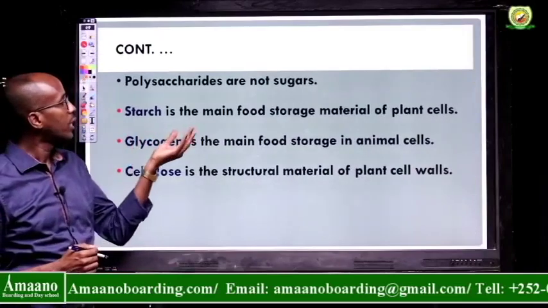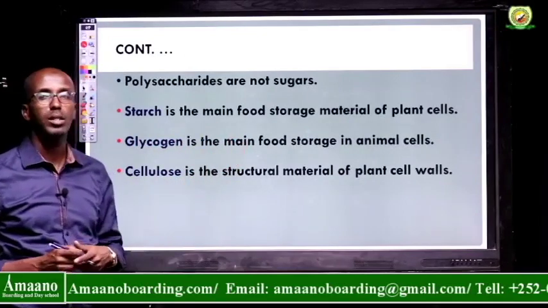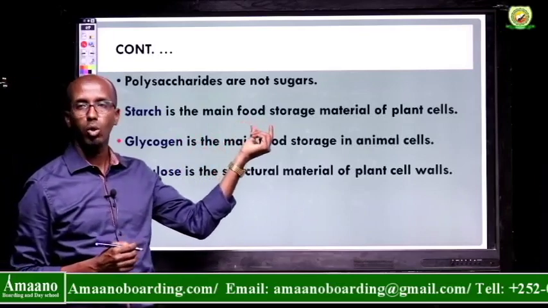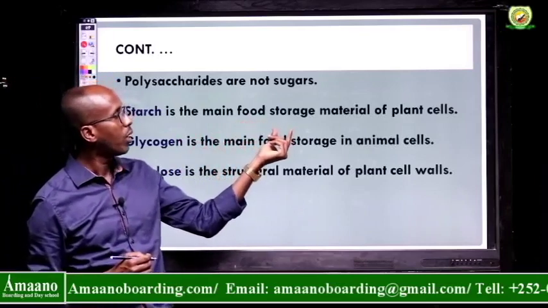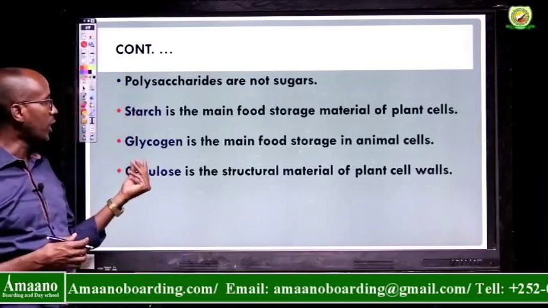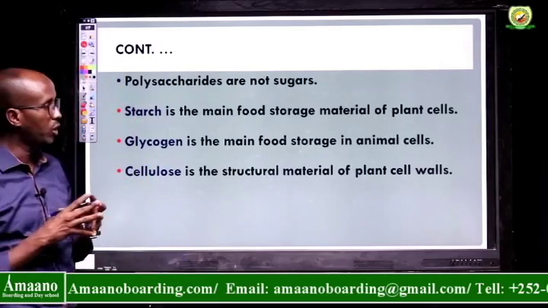Starch is the main food storage material of plants. We can also say it is the main energy storage for plants. Glycogen is just similar to starch.